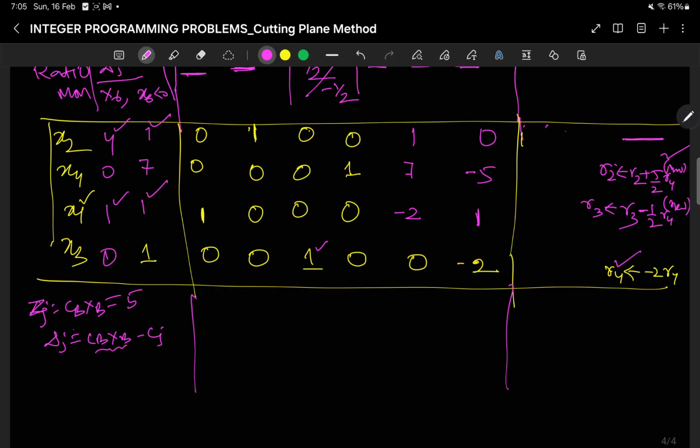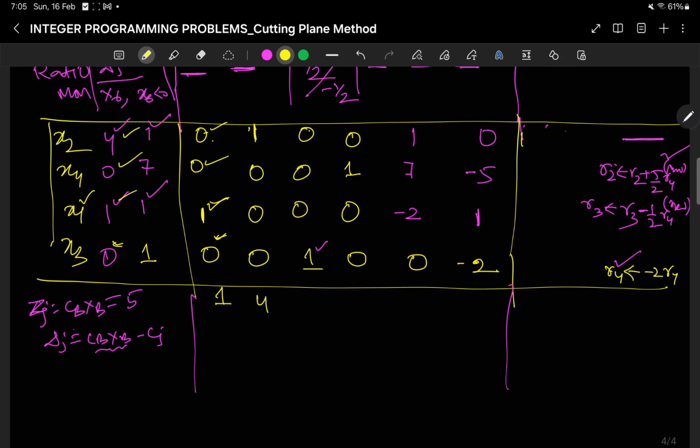Okay, so now if I calculate it, we are getting the cbxb throughout, let me calculate it. It is here 1, this into this plus this into this plus this into this plus this into this, it is my 1.